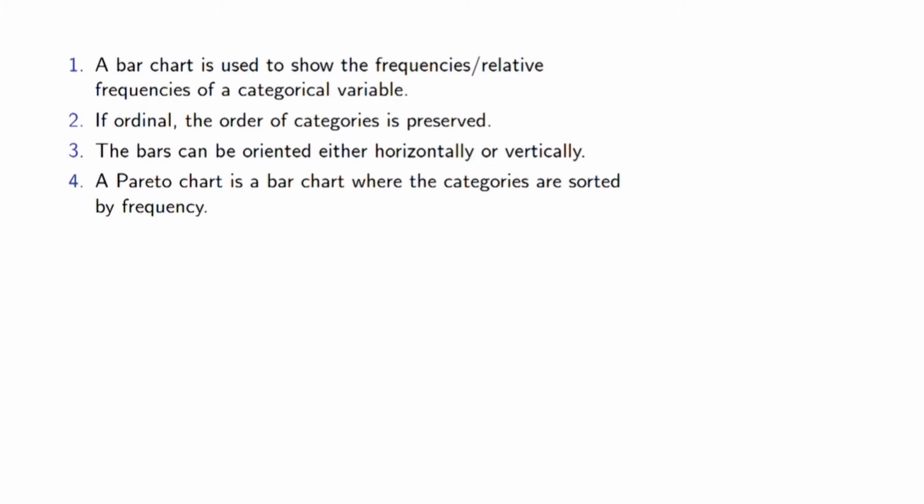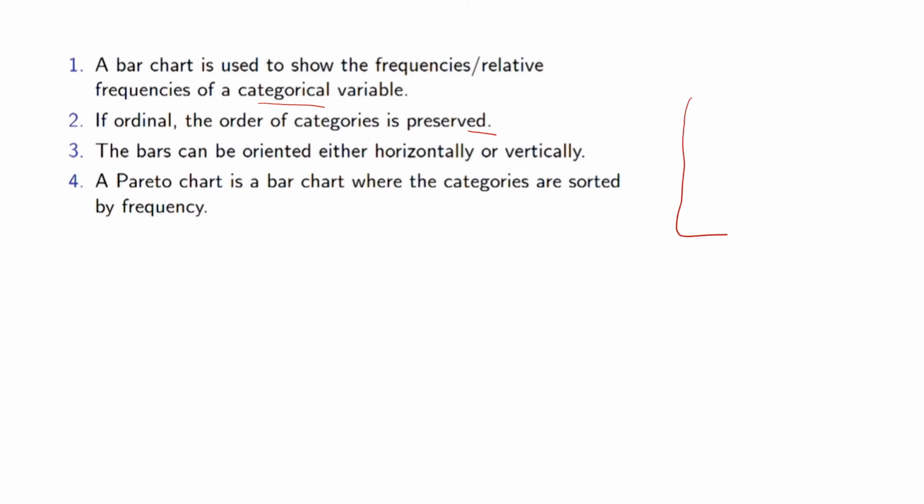A bar chart is used to show the frequencies, relative frequencies of categorical data. If ordinal, the order of categories is preserved. If ordinal data, then the bar chart should become the Pareto chart. The bars can be oriented either horizontally or vertically.